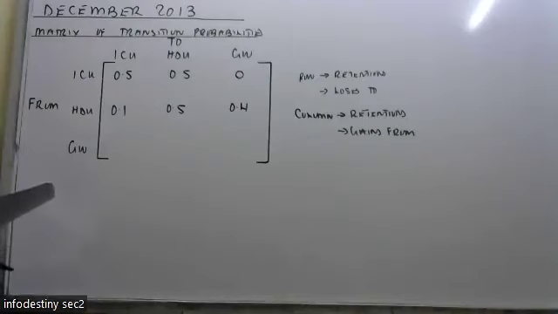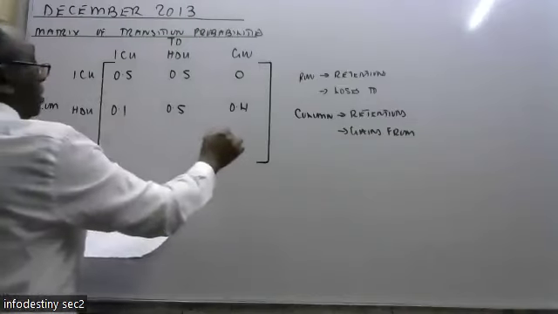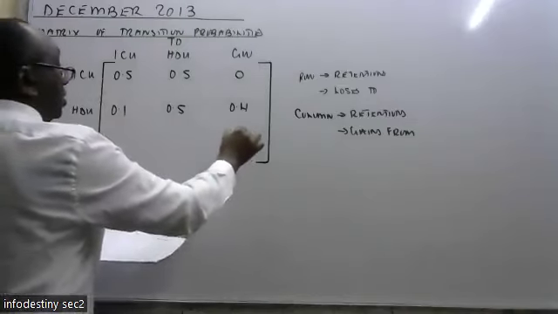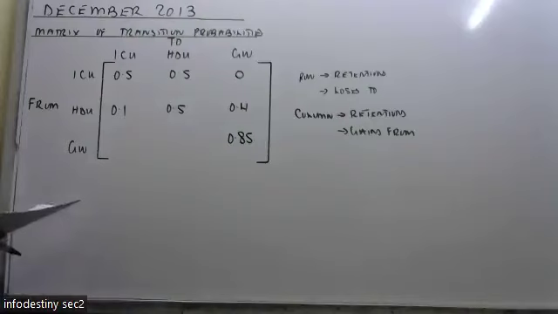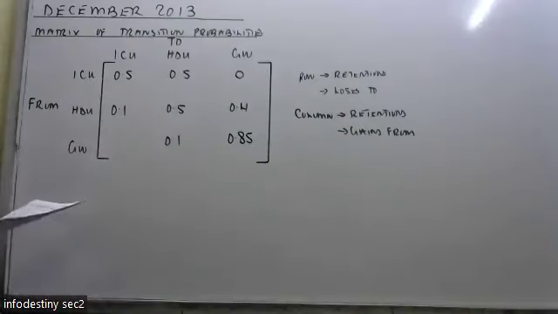85% of the patients in general ward at the beginning will remain in general ward at the end of the month. So if they will remain, so general ward 0.85. And then 10% will go to high dependency, 0.1.